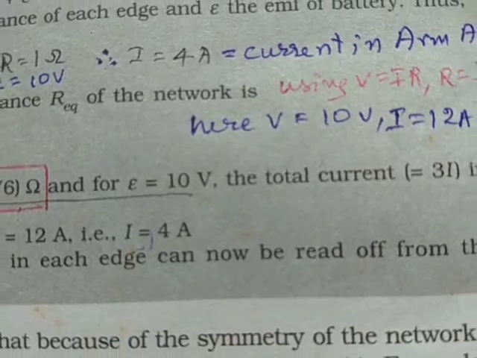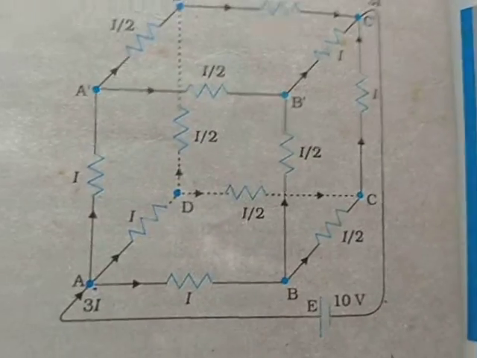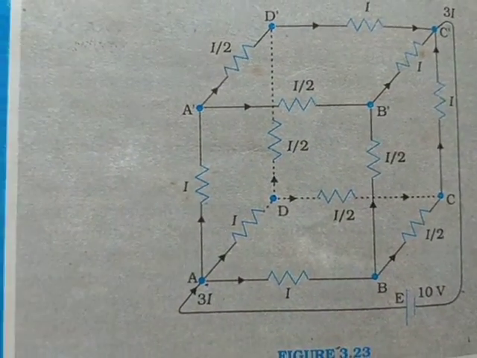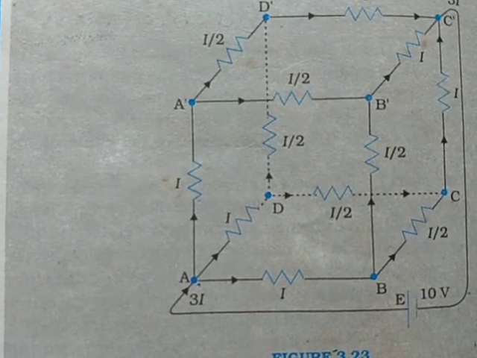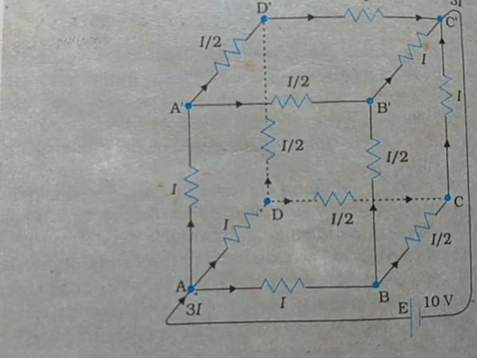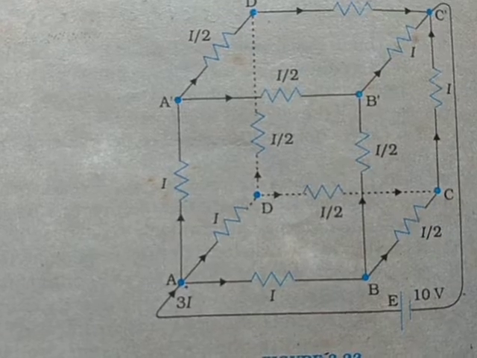Now we don't know the equivalent resistance of the circuit, but we can find it, because we have found the total current drawn from the cell.